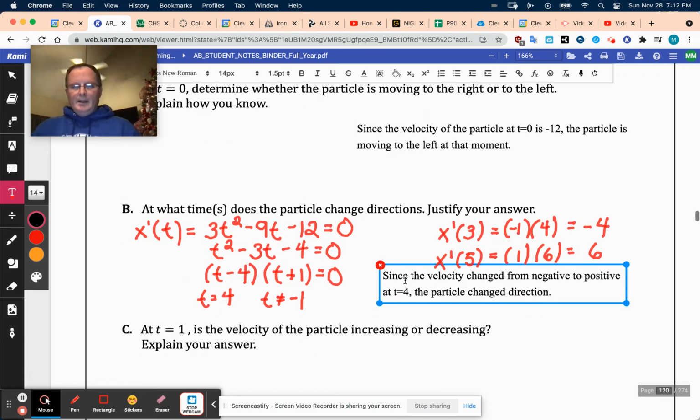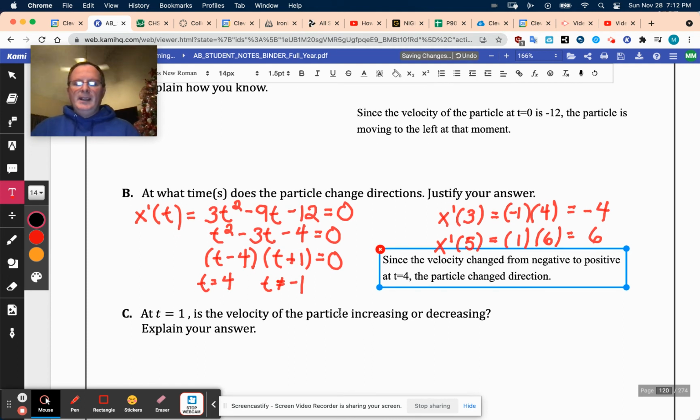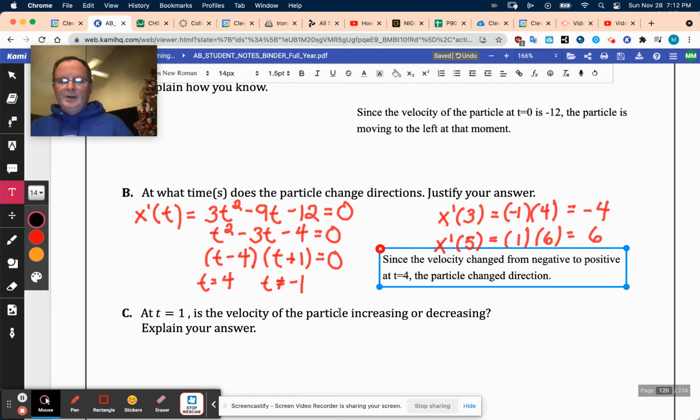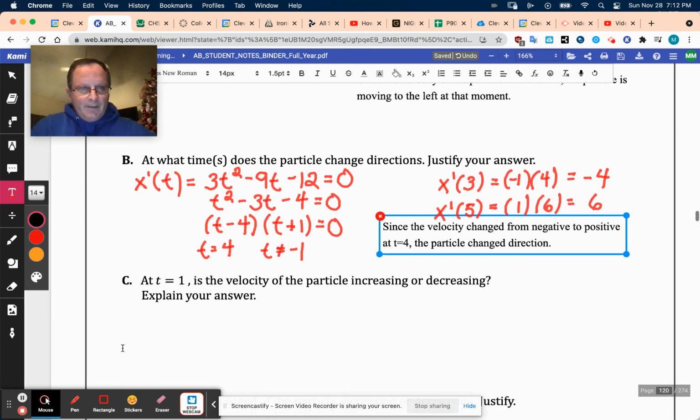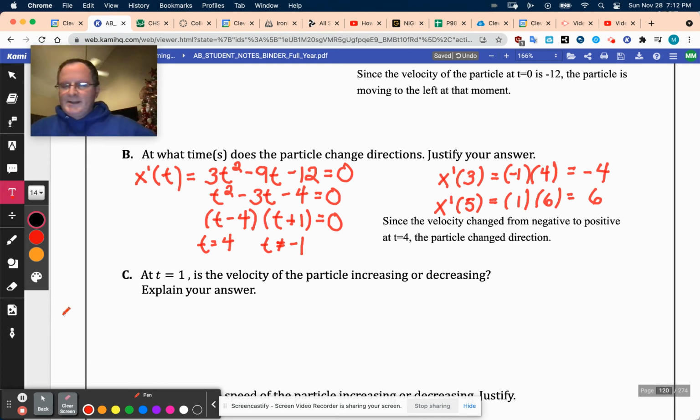All right. Then, at t equals 1, is the velocity of the particle increasing or decreasing? Well, that's asking you about acceleration. Is the velocity going up or going down? Well, that will be the second derivative. So acceleration is the second derivative. And I will say that up here, I could have said velocity of the particle, that would have been fine.